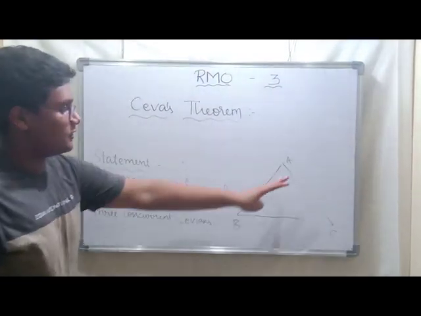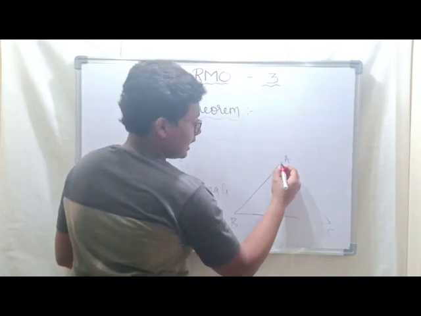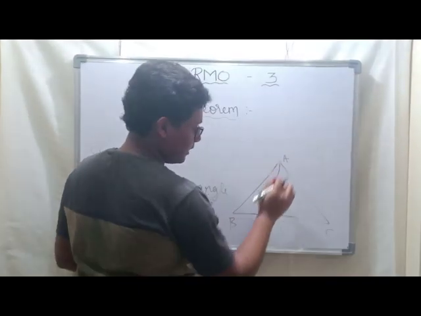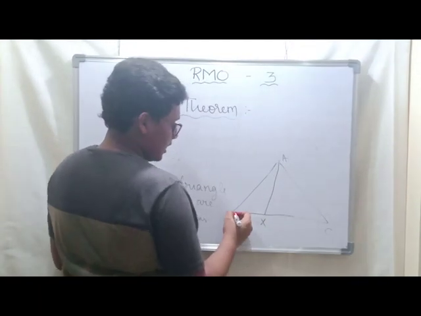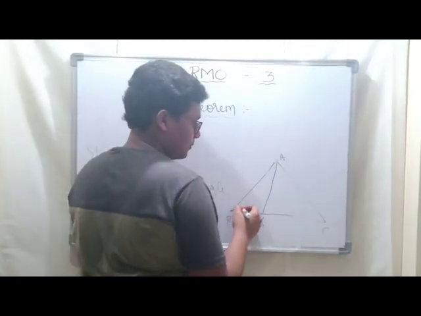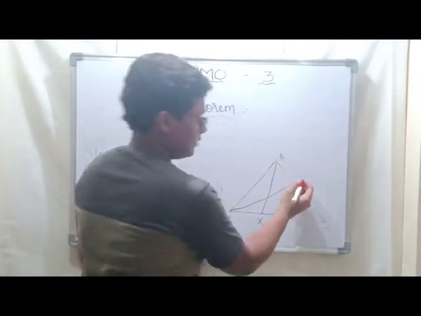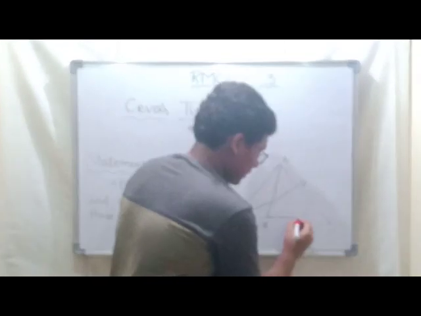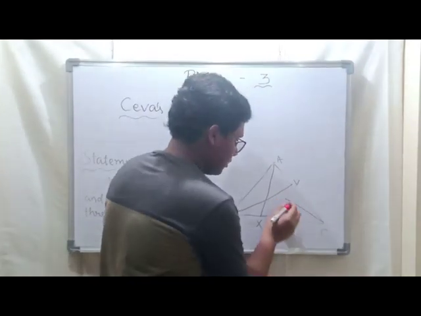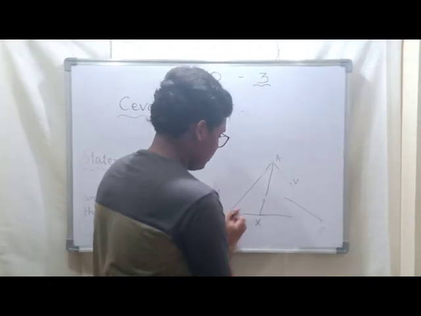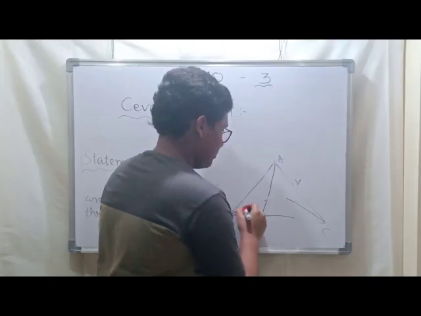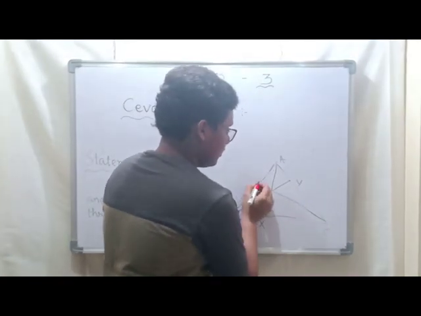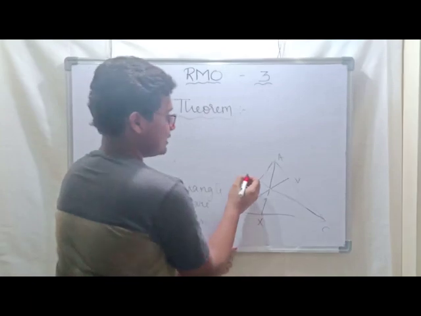See, now Ceva's theorem. We need to prove it. I will draw the diagram. A cevian from A, this is X, and from B to AC one cevian, it is Y, and from C to AB one cevian, that is CZ.